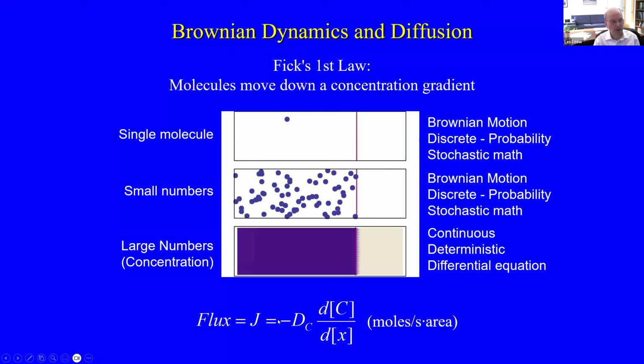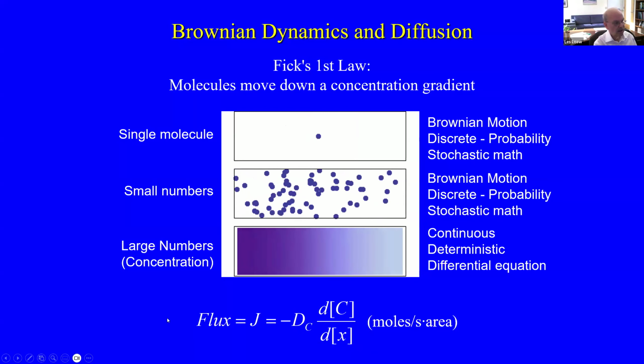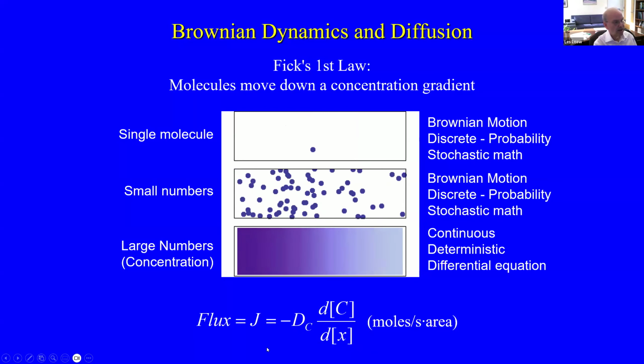I hope this is sort of intuitive, that molecules move down a concentration gradient. But what maybe you haven't been so familiar with is the idea that this is also fundamentally a stochastic process that you can describe deterministically when you have a large number of molecules.